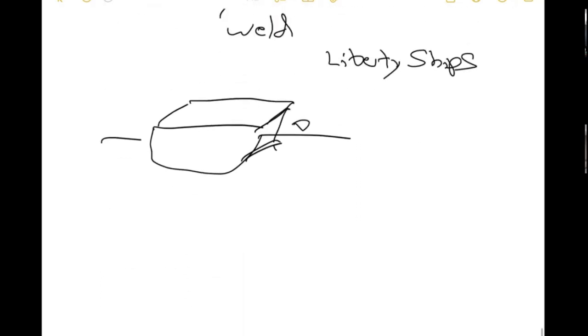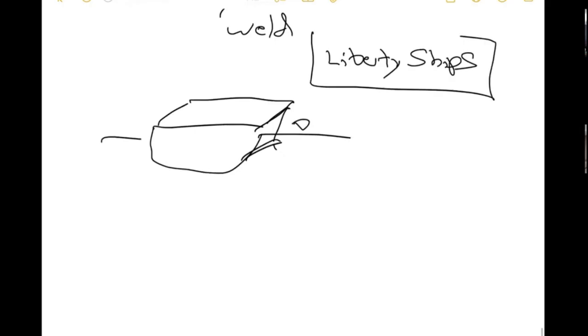Now, there was an issue, though. You would get to Europe, and these ships, when they're getting loaded, are just sitting there in the harbors. And suddenly, one of these ships sinks. It's just sitting there, and it cracks into two pieces, and it sinks.